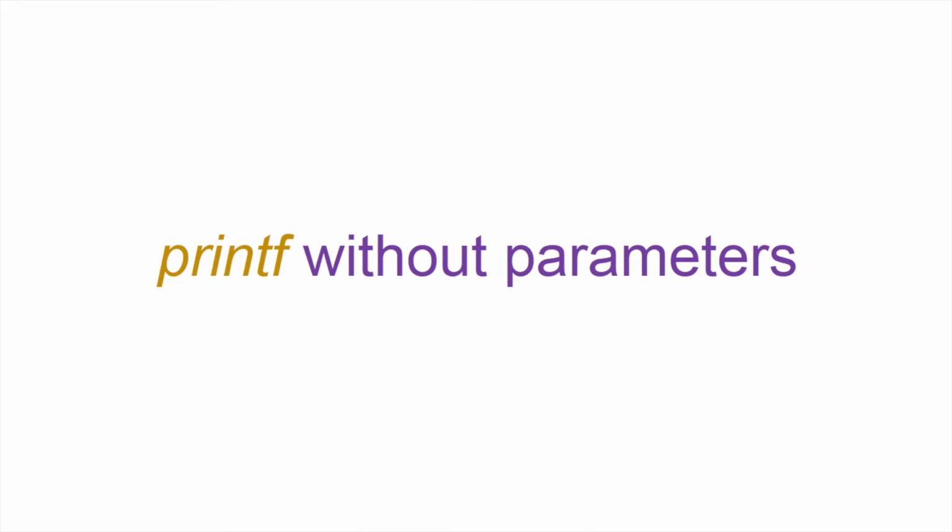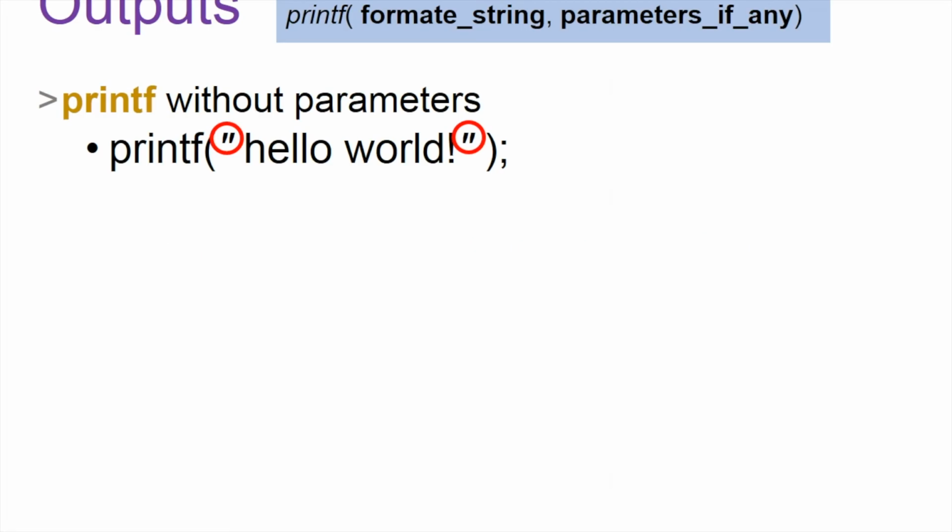Let me explain with an example using printf without parameters. That's the easiest thing, and that's what we did in hello world. This is the way to use it. You use printf to let the program know you're calling this function, or this worker.